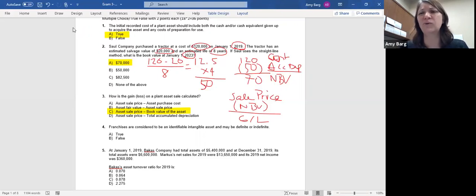And so really it's only worth like $90 now, right? So the sale price minus what it's worth, that $90, will give you a $10 gain. Like you kind of made $10 on it.